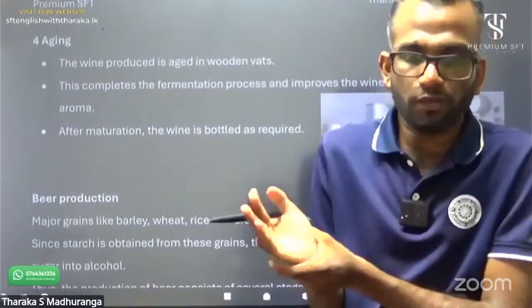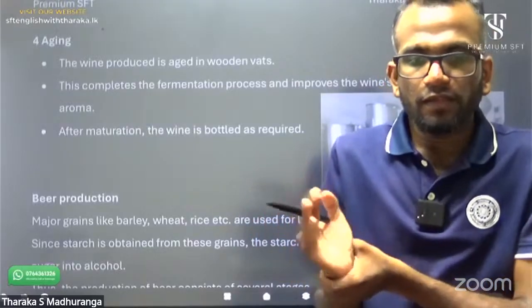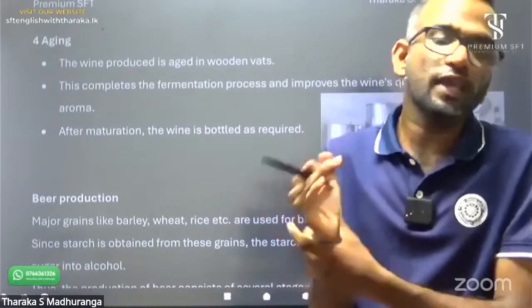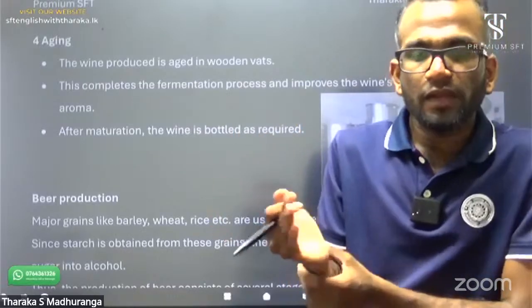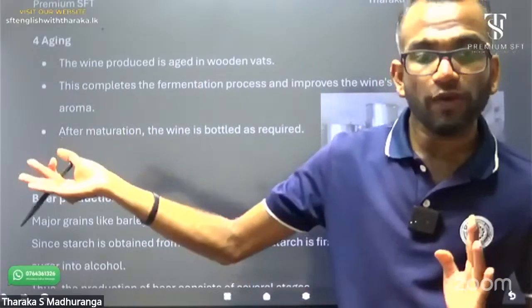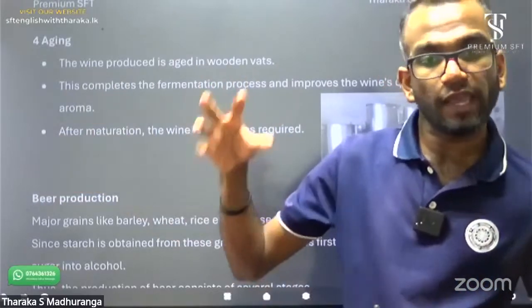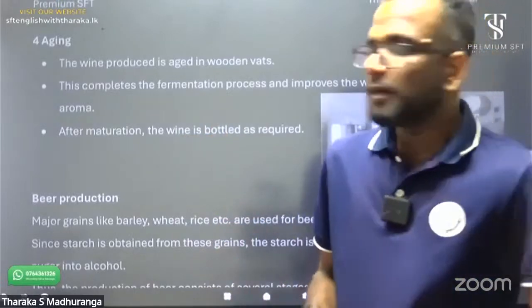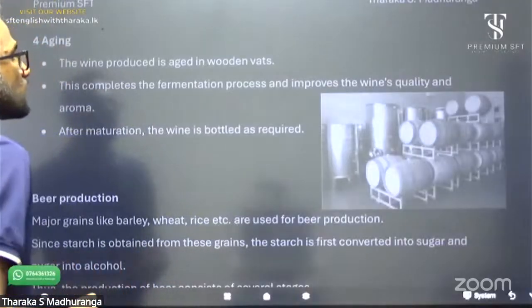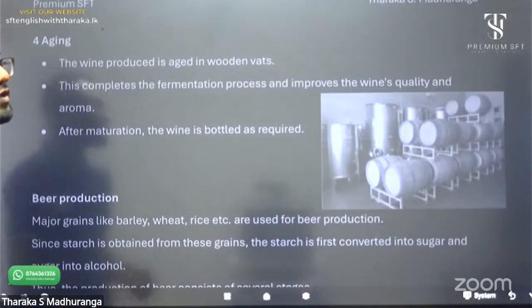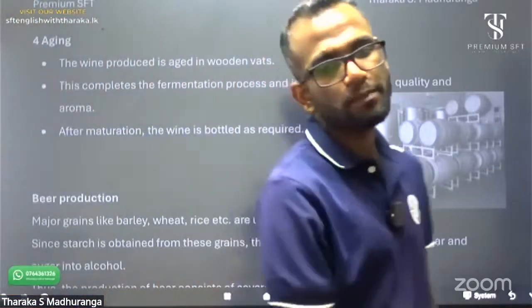The value of wine depends on the aging period. Sometimes new wine is very low priced, but old wine is more expensive because the aging period is very important. It completes the fermentation process and improves the wine's quality and aroma.